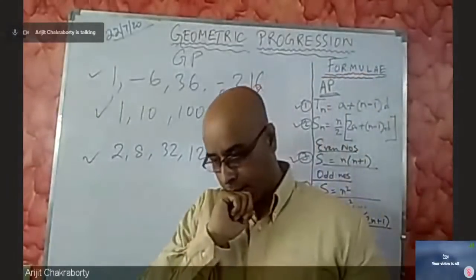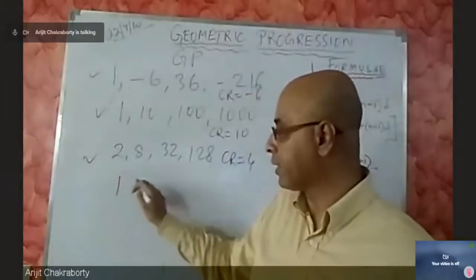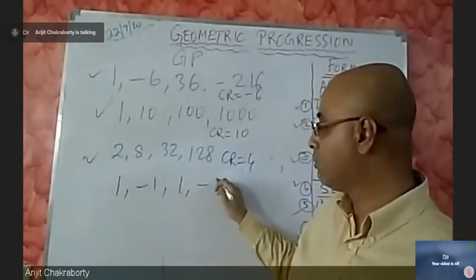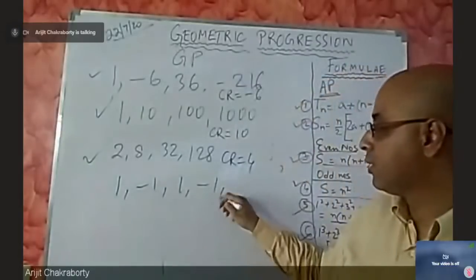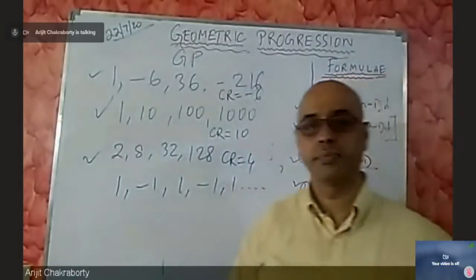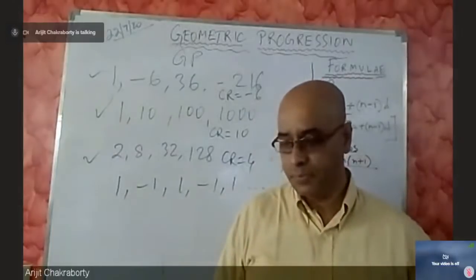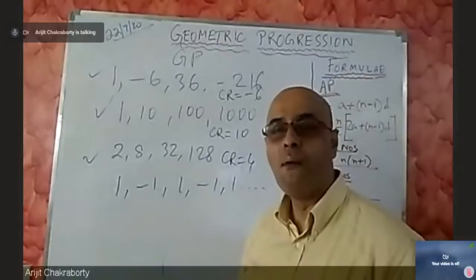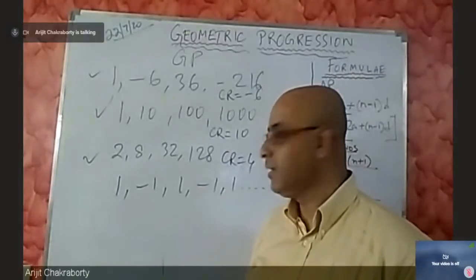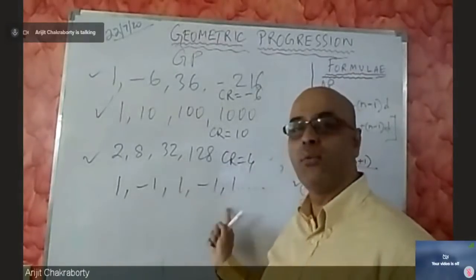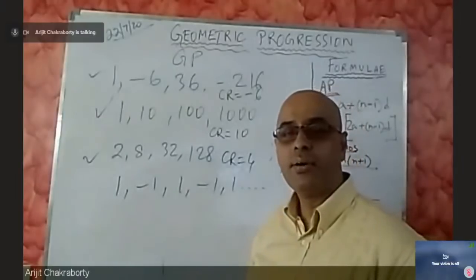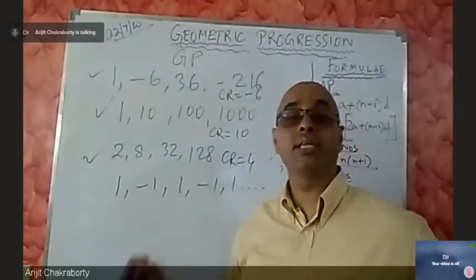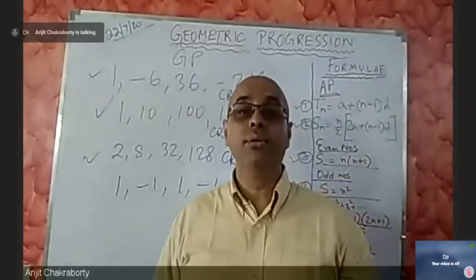The next one, 1, minus 1, 1, minus 1, 1, and so on. Is it a sequence? 1, minus 1, 1, minus 1, like this. Well, it is a sequence because even though it does not increase, it changes sign and you can predict.